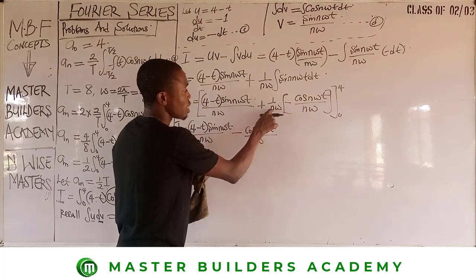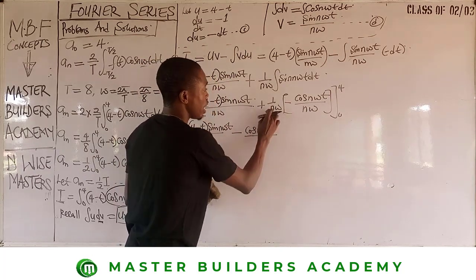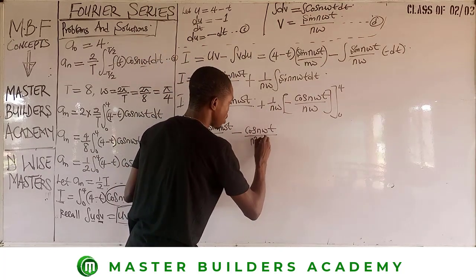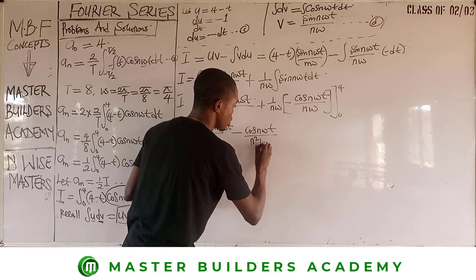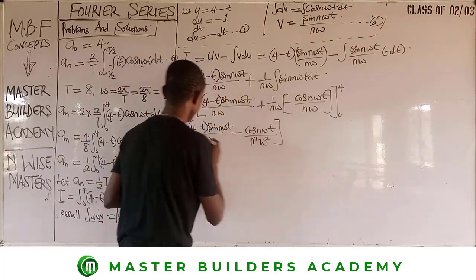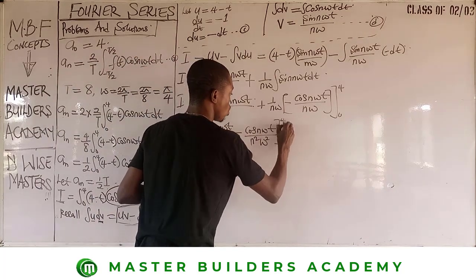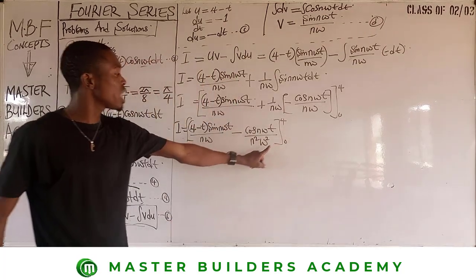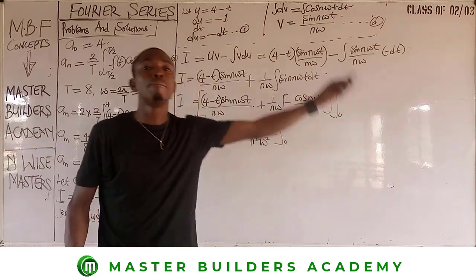Now when we multiply the denominator, n multiply n, we have n squared, and omega multiply omega, we have omega squared, all from 0 to 4. All we just need to do here now, guys, is to apply both the upper limit.